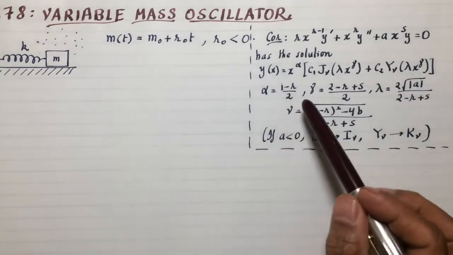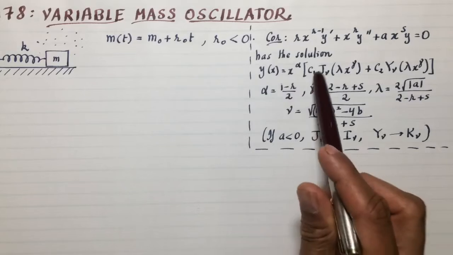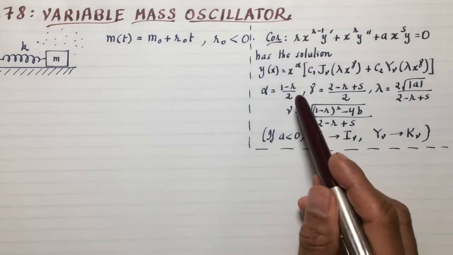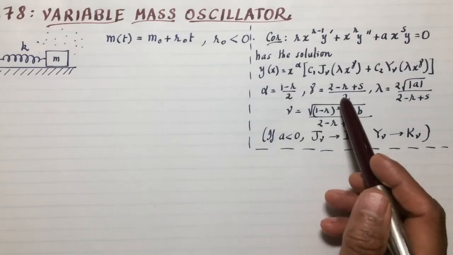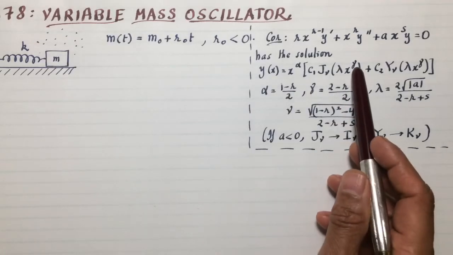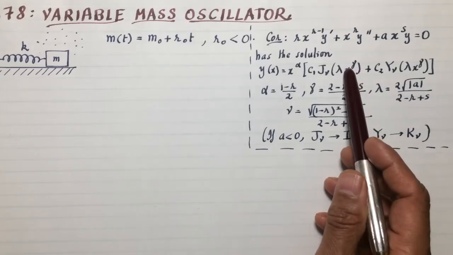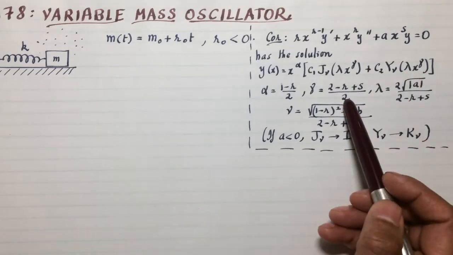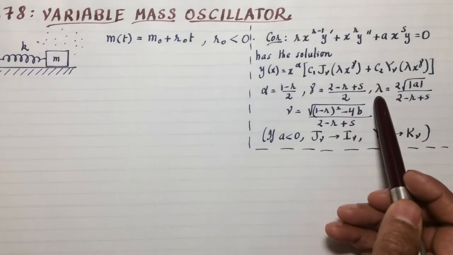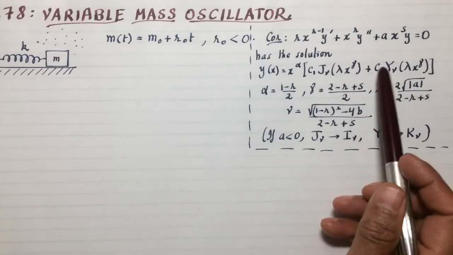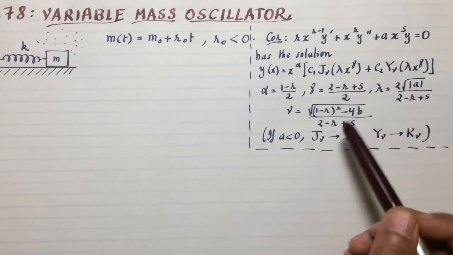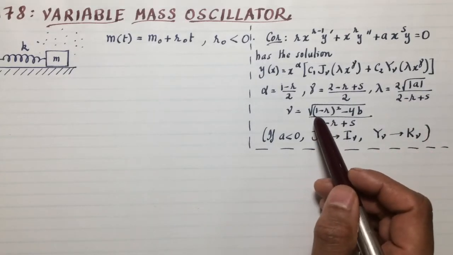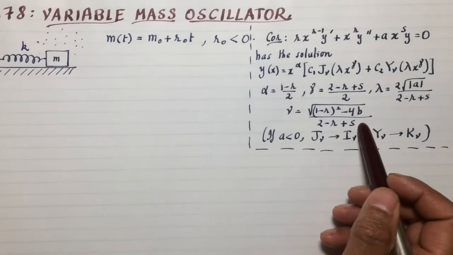Alpha here is dependent on the value r, where r is a number here, and gamma, which is the exponent that occurs inside the parenthesis of the Bessel function or the Neumann function, is given like that. Lambda, the eigenvalue, which occurs inside the argument, is given like this. And lastly, the order of the Bessel or the Neumann function is given in that fashion.